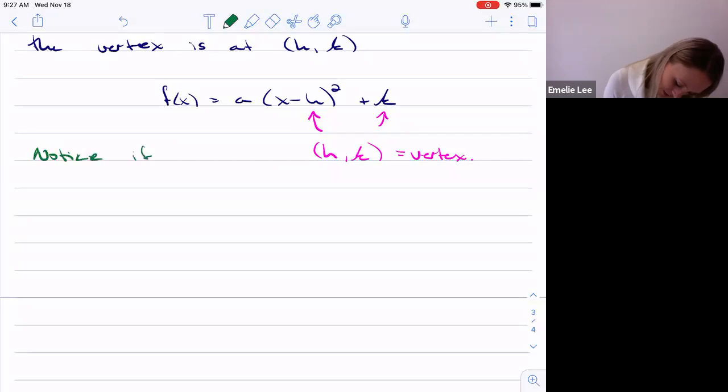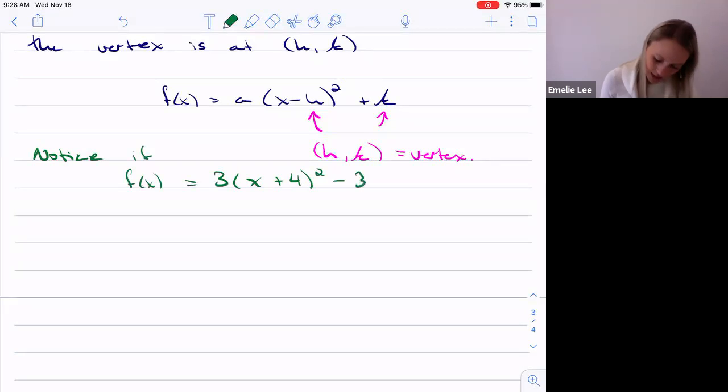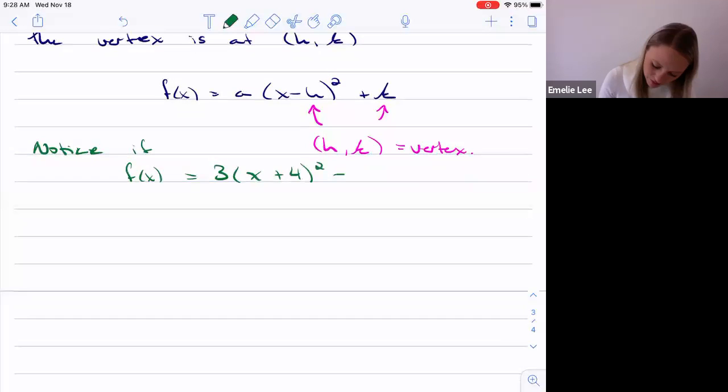Notice if f of x is 3 times (x plus 4) squared minus 3. Oh, maybe I should use a different number than I already used. It's hard to think of numbers. Minus 9, let's say. We know a lot about this function already.